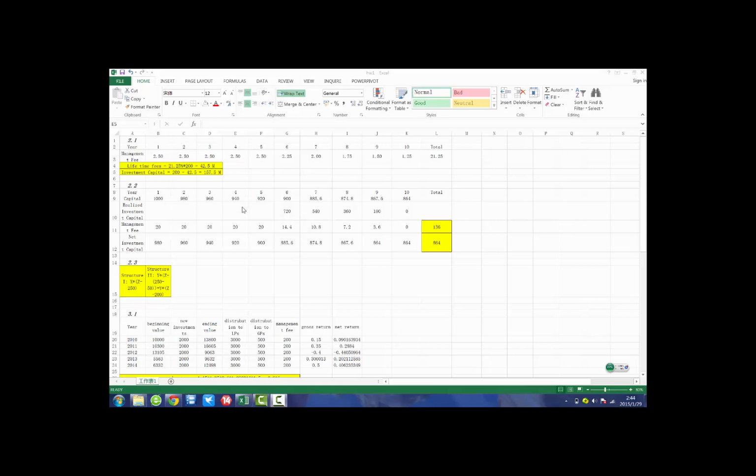So the management fees depend on the realized investment capital. So it should be 14.4, 10.8, 7.2, 3.6, and 0, and we get our total management fees of 136 million, and net investment capital is 864 million.